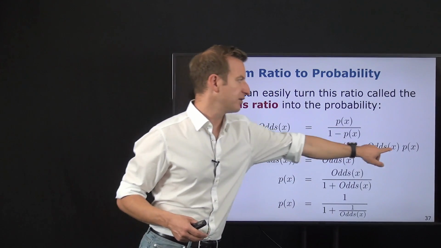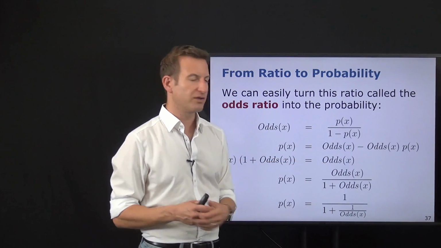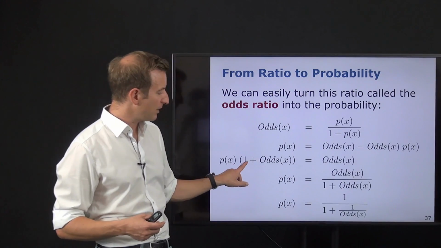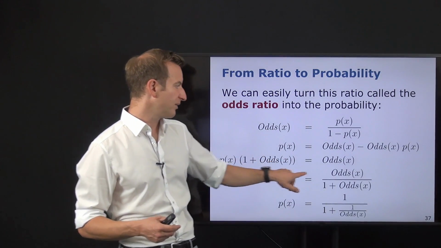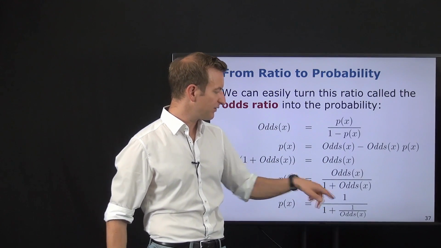Of course, it occurs in both things, so I can take it out of the equation. 1 plus odds of x equals odds of x. And then I can divide through this term over here. Divide by 1 plus odds of x. So this goes down here. So p of x is odds of x divided by 1 plus odds of x.